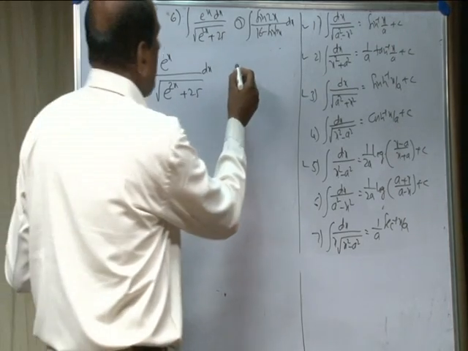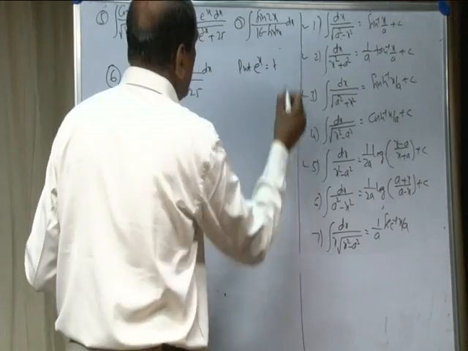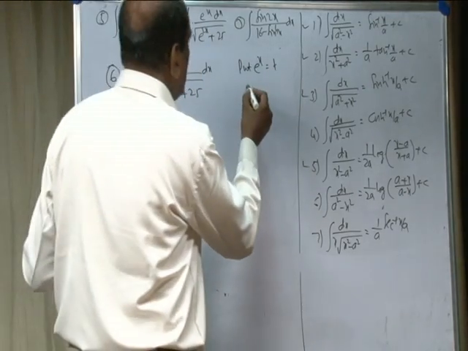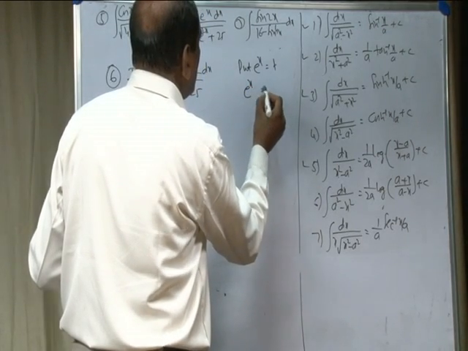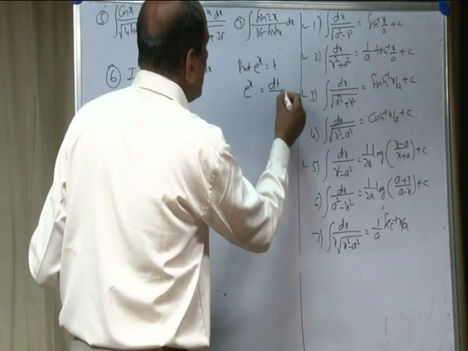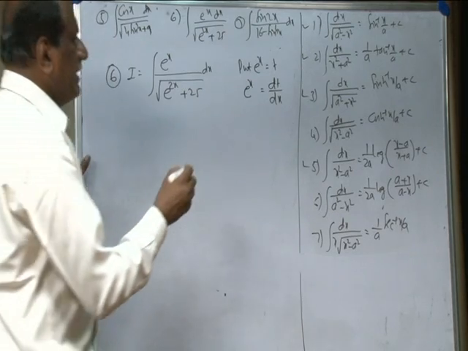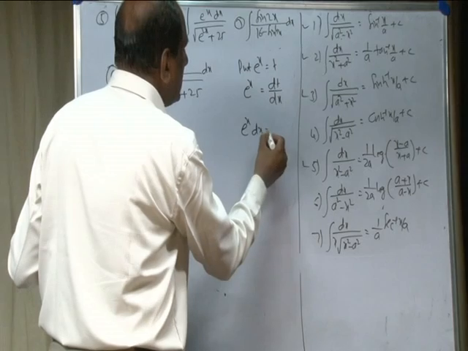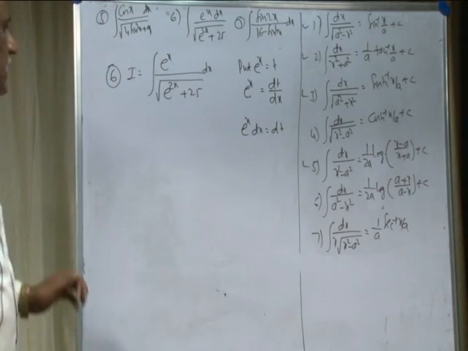So put e power x is equal to t. Differentiating, e power x is equal to t with respect to x, we get dt by dx. Cross multiplication: e power x into dx is equal to dt, e power x dx is equal to dt.